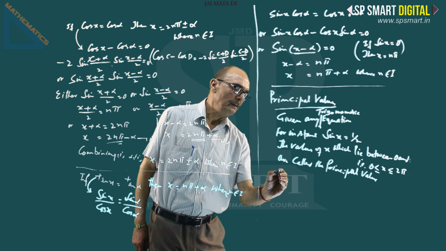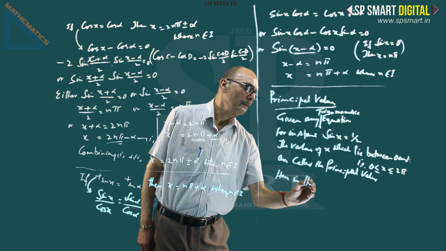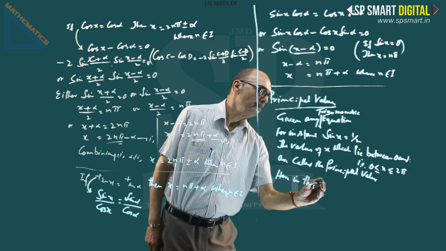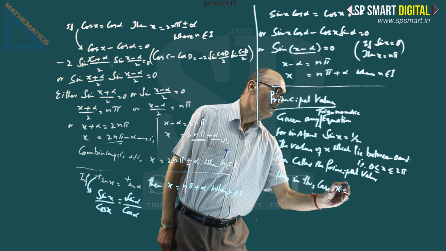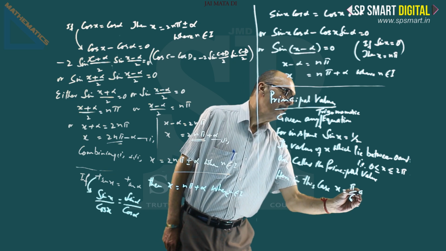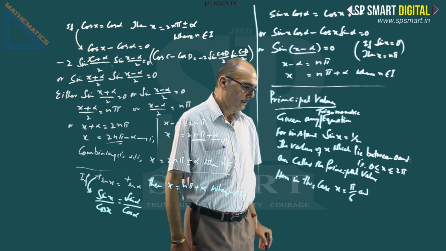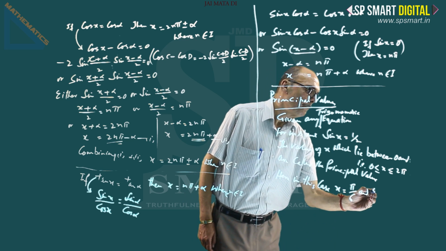So, here in this case, x equal to pi by 6 and 5 pi by 6.